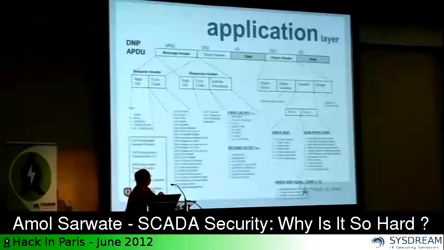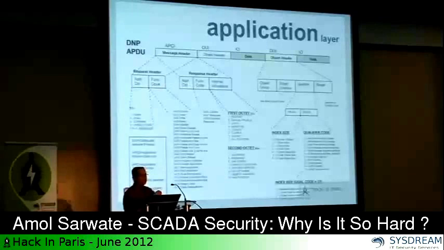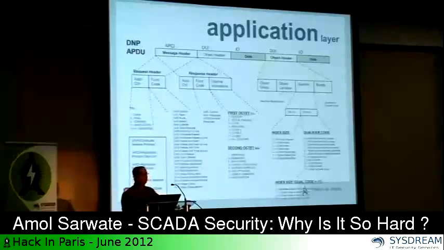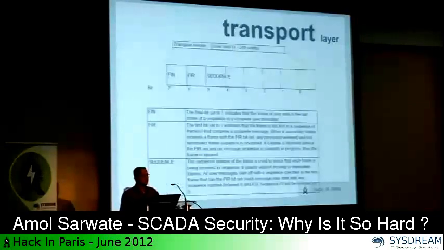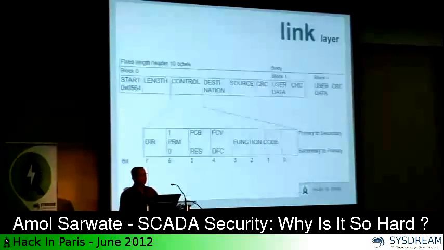You have some request, and then you have some response. The request has some function codes, pretty similar to Modbus, like read, write, give me a setting, read a setting or write a setting. This is the transport layer frame, which provides a little bit of transport type functionality.